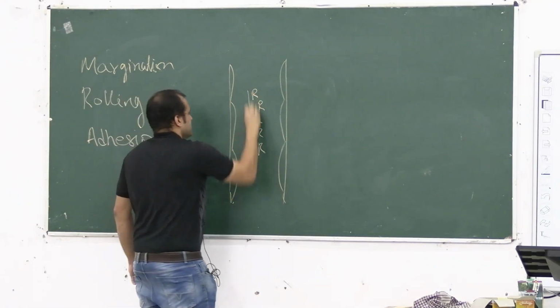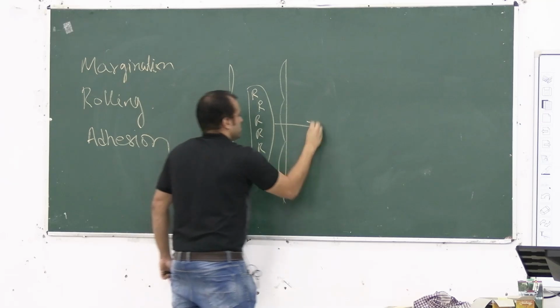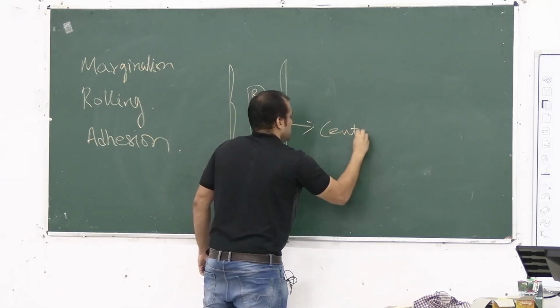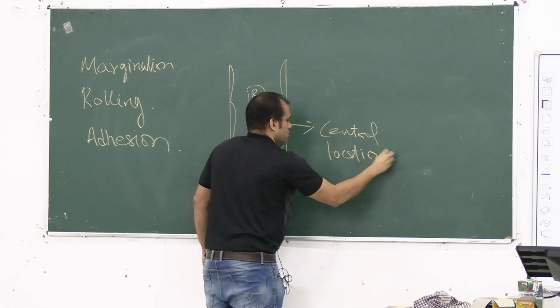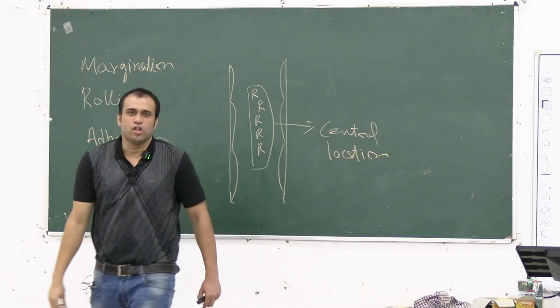These red cells have a central location or central axial column.